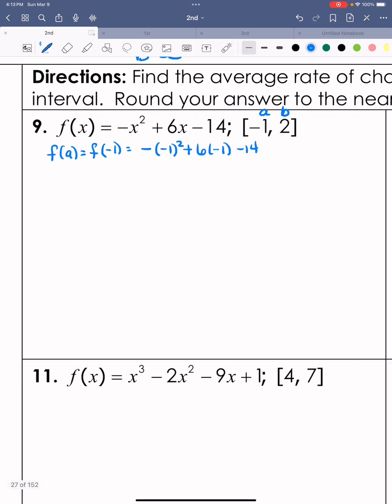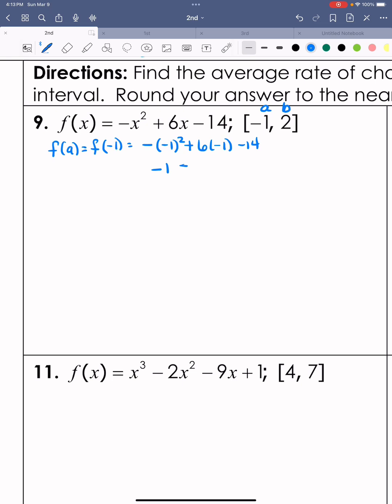And negative 1 squared is going to be positive 1. So then I have another negative out there, so that'll be negative 1. 6 times negative 1 is minus 6. And minus 14 is going to give me negative 21. All right, that is f of A.